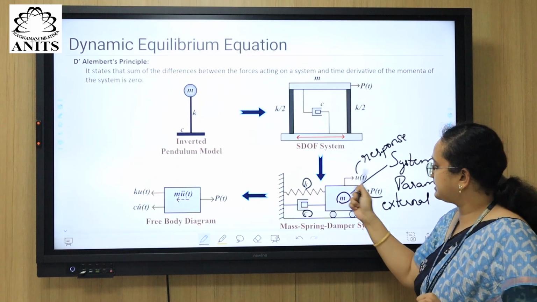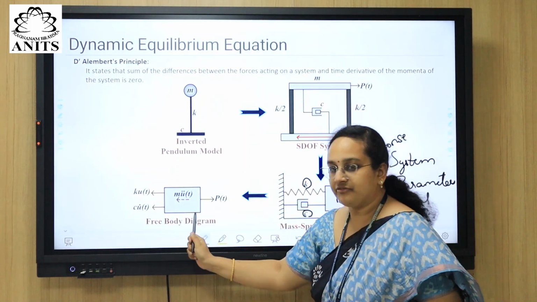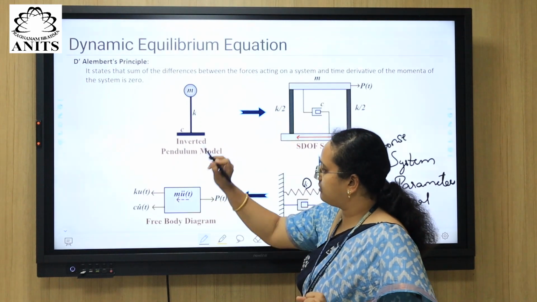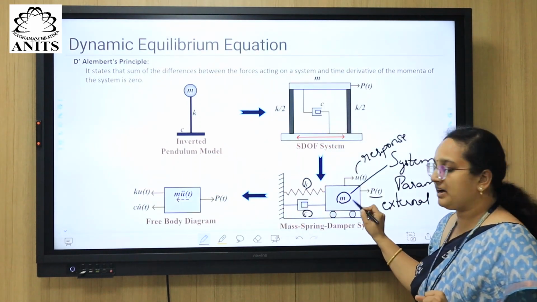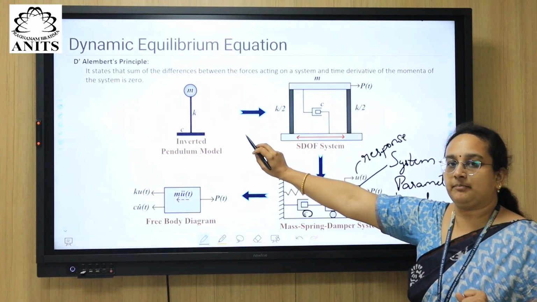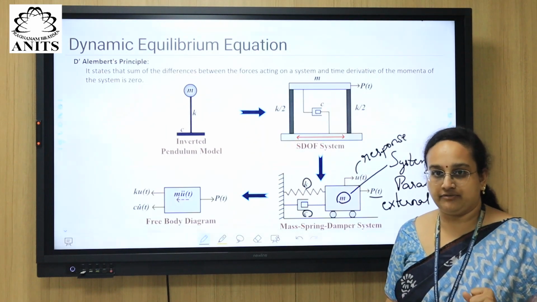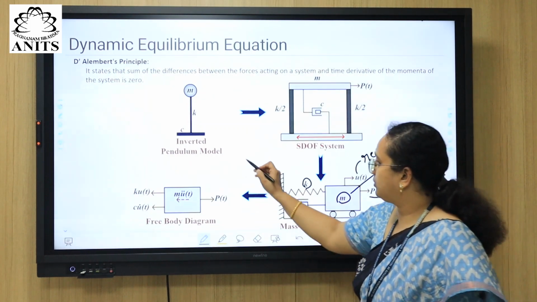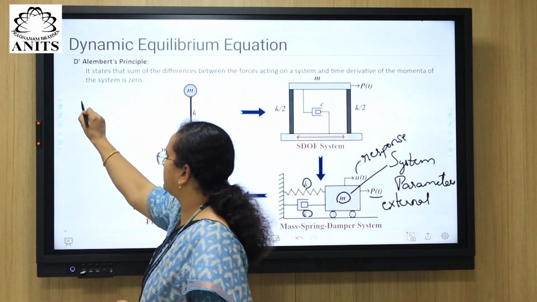Right? Now with the system parameters, can we talk about a free body diagram? If we are talking about a free body diagram, as I told previously, if mass is present, according to D'Alembert's principle, what is going to happen? Inertia forces are going to develop. What is inertia? It is mass times acceleration. Now acceleration can be represented like this.